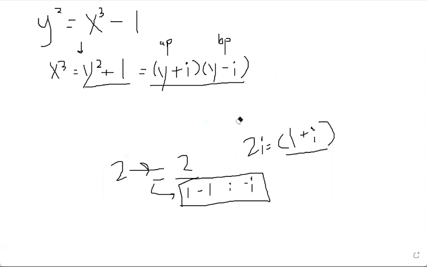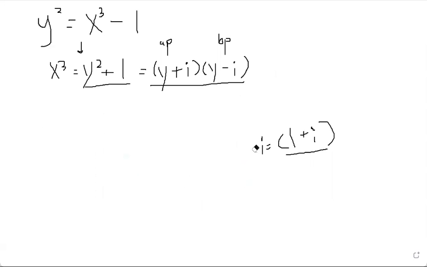So if 1 plus i divides y plus i and it divides y minus i, well, something interesting is going on here. One thing you might notice is how many times 1 plus i divides y plus i. Well, we'll leave that up for now.